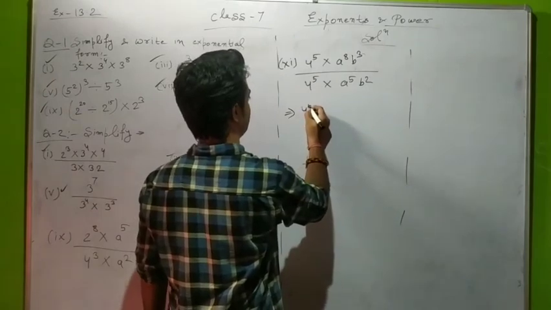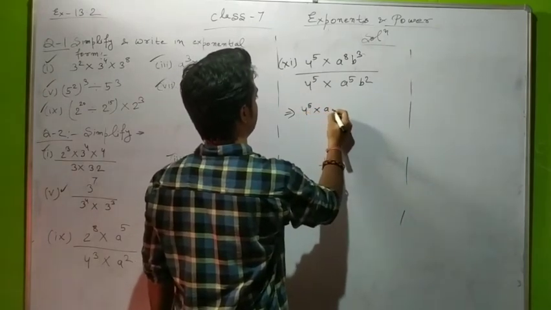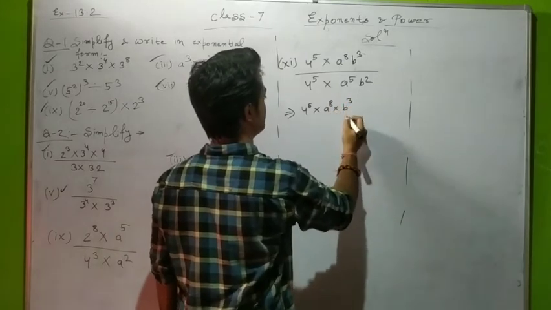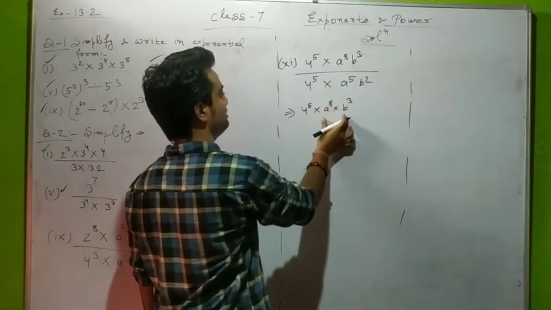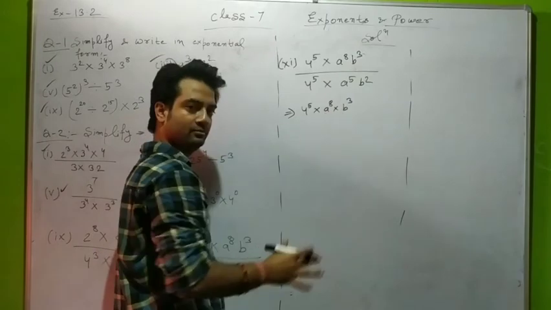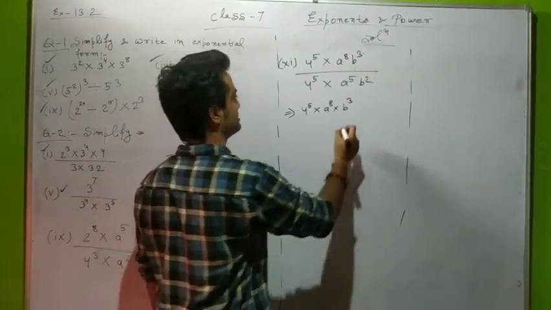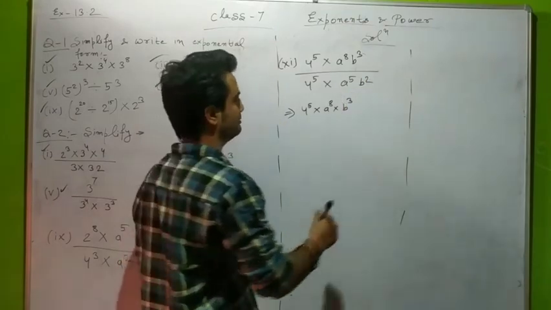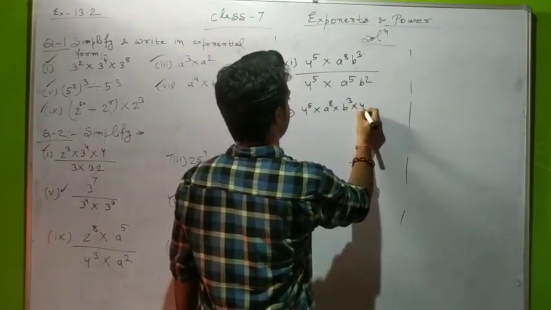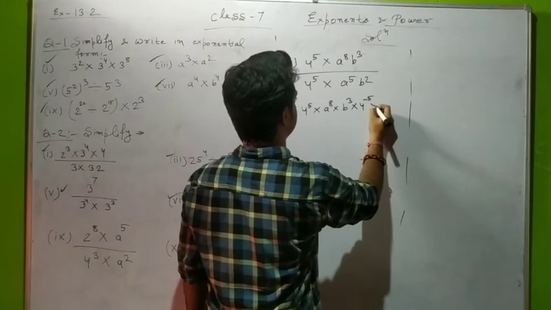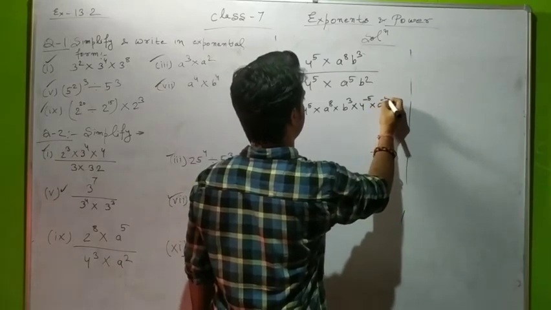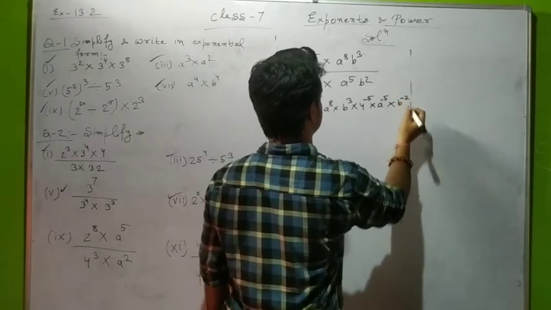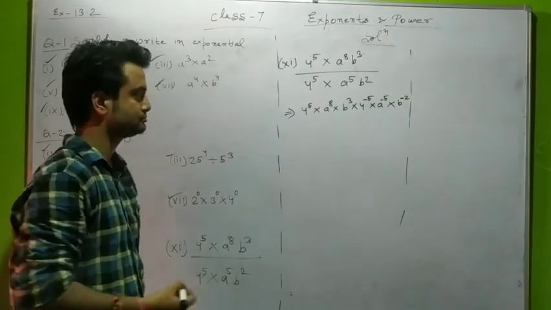It can be written as 4 raised to the power 5 into a raised to the power 8 into b raised to the power 3. I have written both the numbers differently using the multiplication sign. And when you write the denominators as numerators again, it becomes 4 raised to the power minus 5 into a raised to the power minus 5 into b raised to the power minus 2.